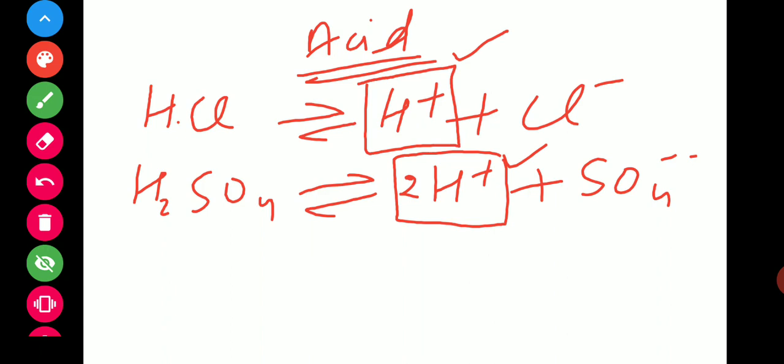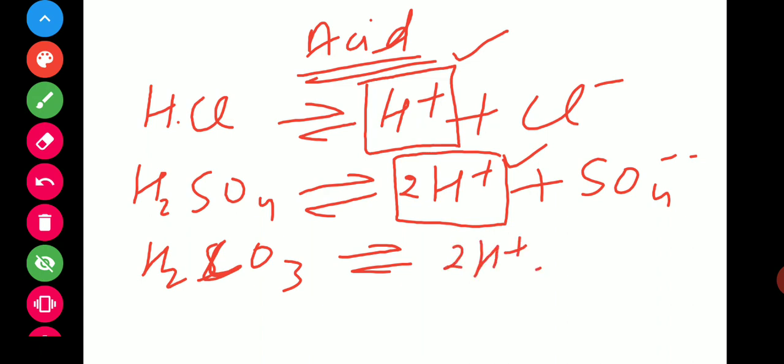If hydrogen ions are more, it is called a strong acid. And as you know, H2CO3 gives 2 H ions and 1 carbonate ion. So due to the presence of these ions, it is an acid.